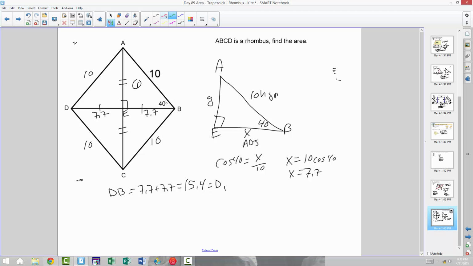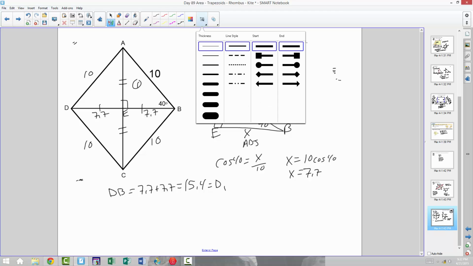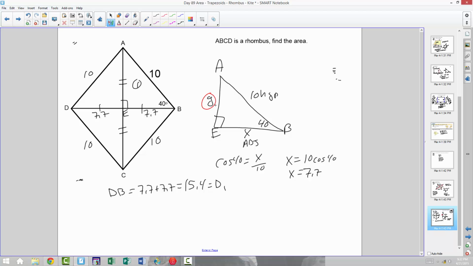Now to solve for D2, I need to solve for y. How does y relate to the angle? Well, that's opposite. And again, 10 is still the hypotenuse. So opposite over hypotenuse is the sine. So the sine of 40 equals y over 10. Therefore, cross multiply, you have y is equal to 10 sine 40.